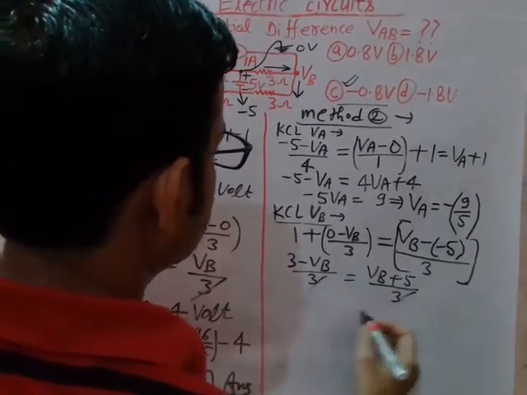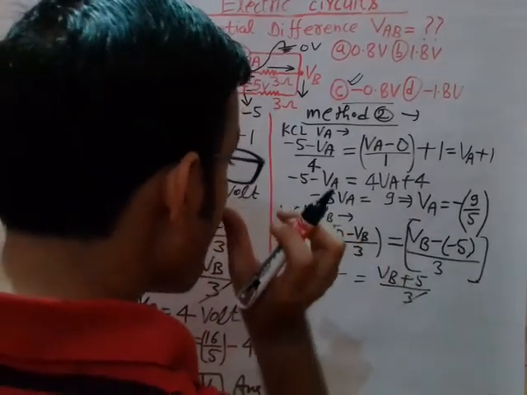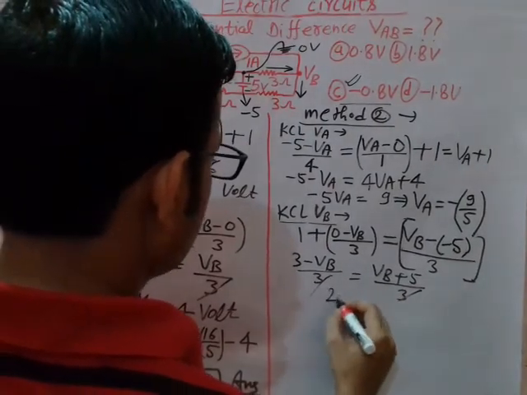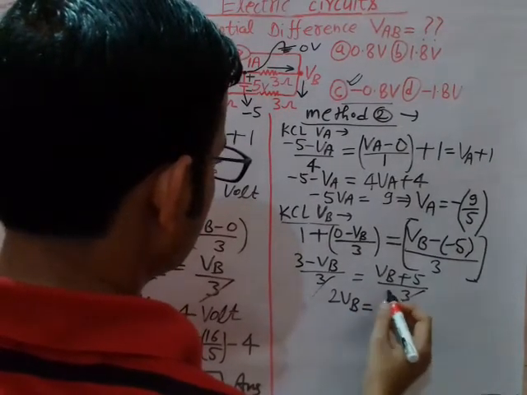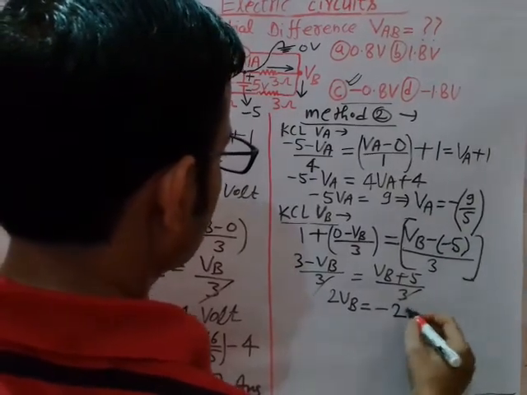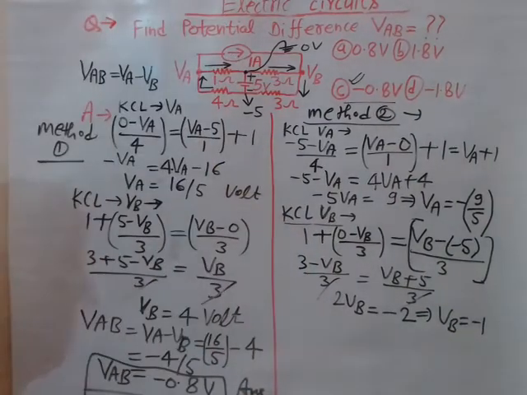The 3 gets cancelled. So VB plus VB, 2VB is equal to 3 minus 5 minus 2, or you can write VB is equal to minus 1, right?